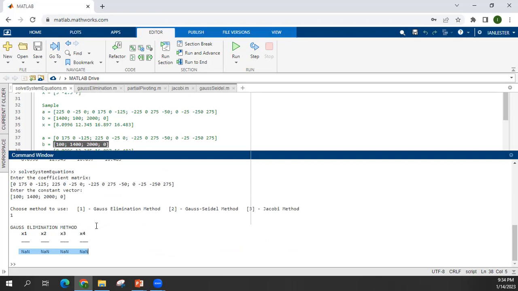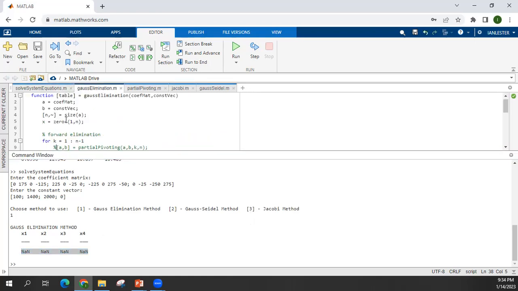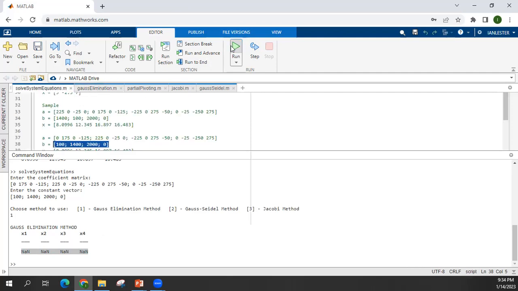Okay, so this is an illustration of naive Gauss elimination. In order to address this deficiency, we need to employ partial pivoting. I'm using partial pivoting immediately after the first loop. Let's try that.